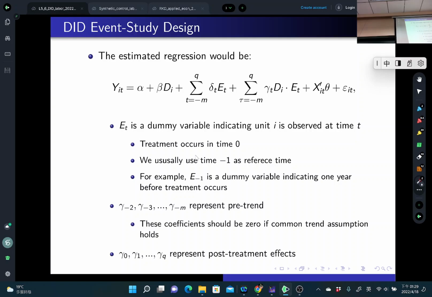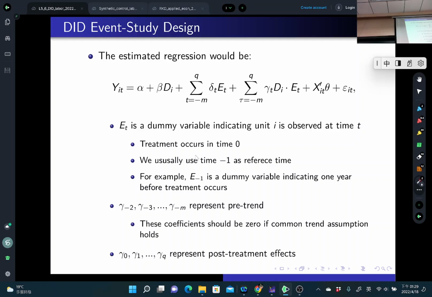So it's like the baseline difference between the treatment group and control group for their outcome. We usually use time minus 1 as the reference time. So E minus 1 is the dummy variable indicating, for example, just 1 year before treatment happened. Okay.